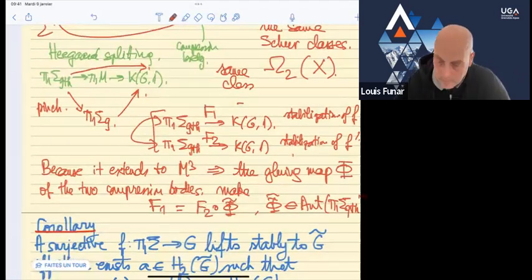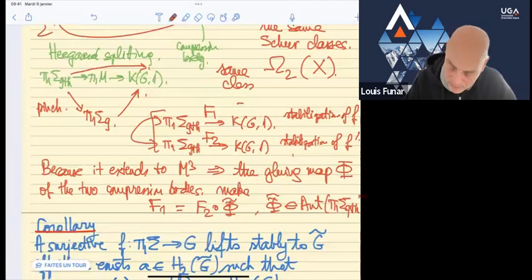Now there are some problems to take care of, looking at the base points and so on.